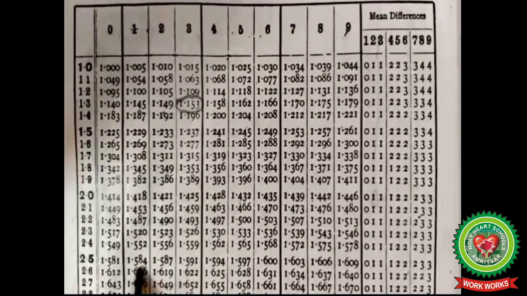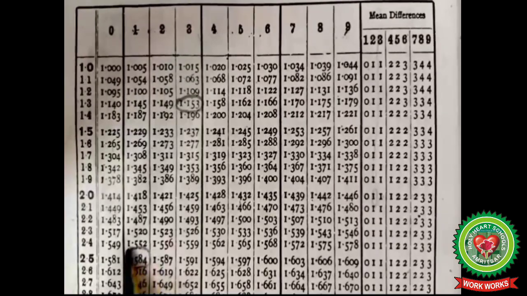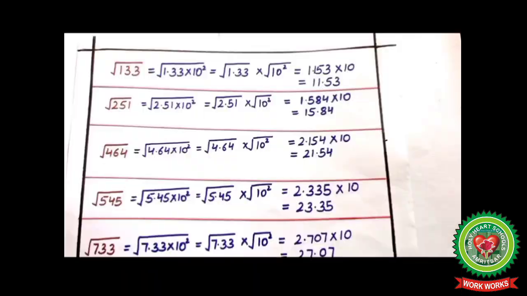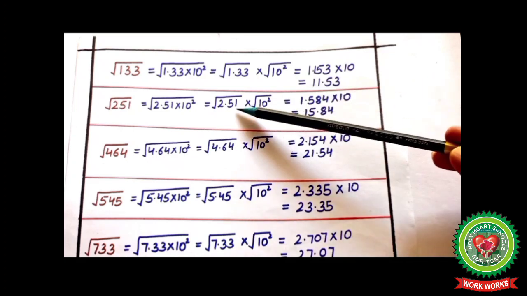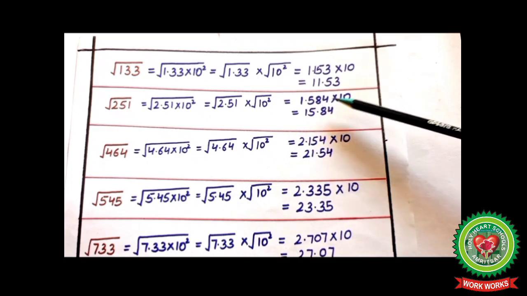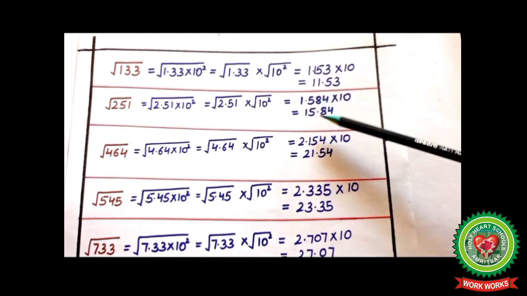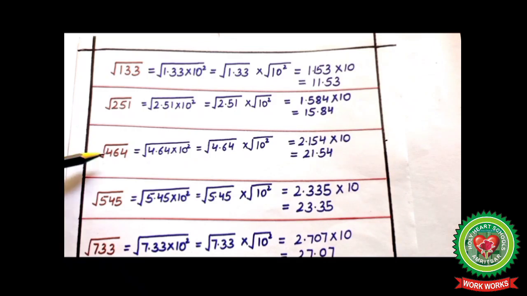According to this, the answer is 1.584. From the log table book, square root of 2.51 is 1.584. Now with multiply by 10, the decimal is shifted. The answer is 15.84.